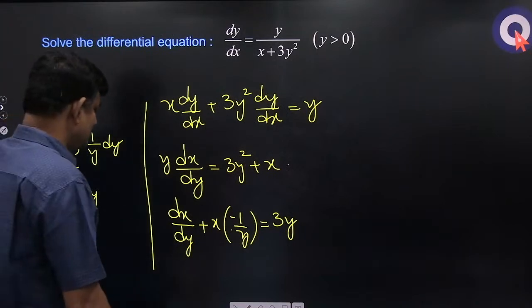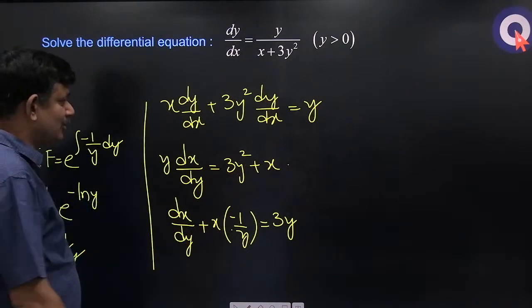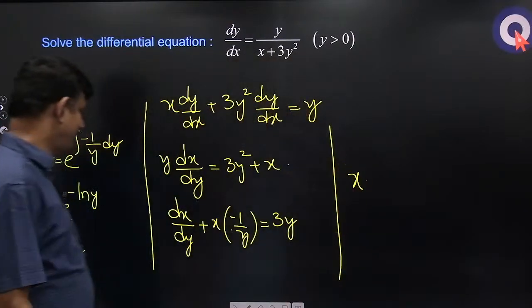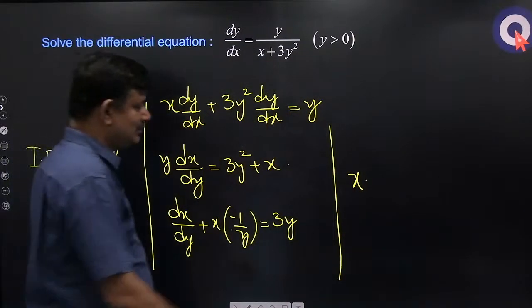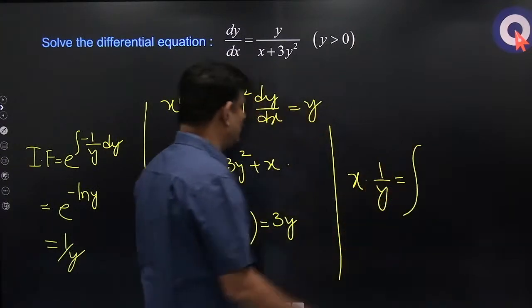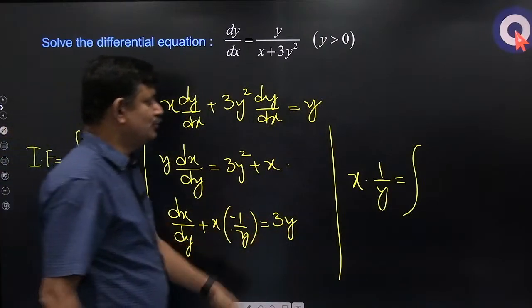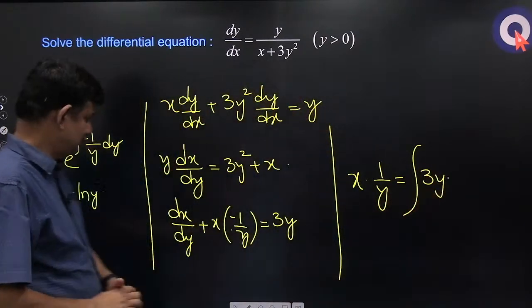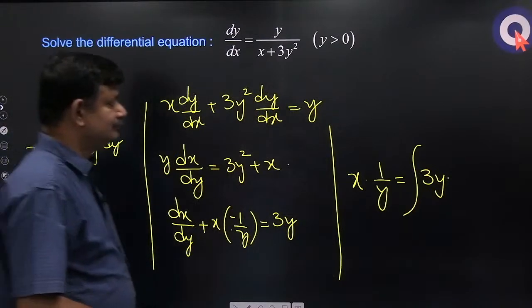So what you have to do is multiply throughout by, what will be the answer? x into integration factor 1/y is equal to integral of q into, q is what? 3y, into your 1/y.